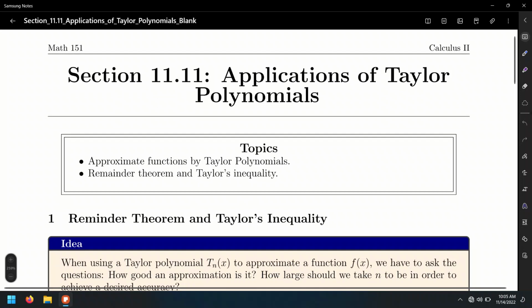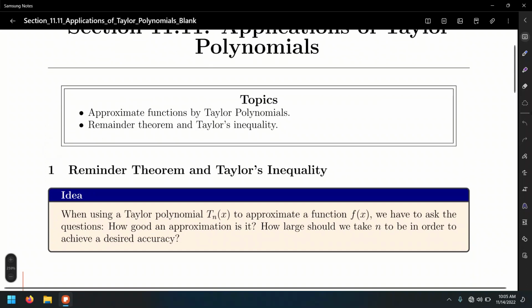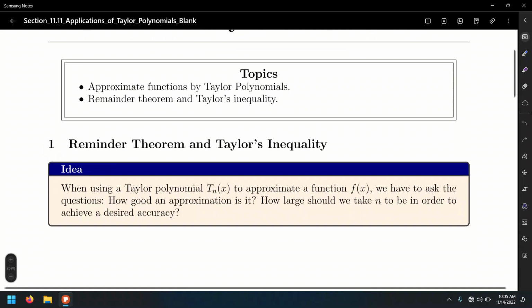For section 11.11, we go over applications of Taylor polynomials. It's kind of weird that we will really not be covering the applications to physics, which is what the book covers, that is, applications to optics.